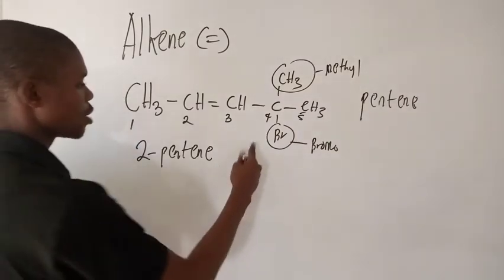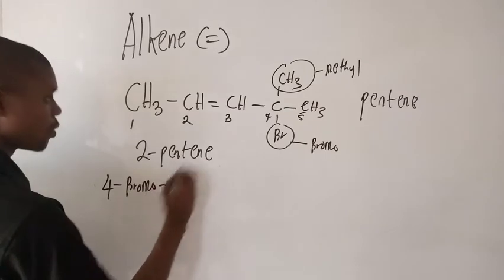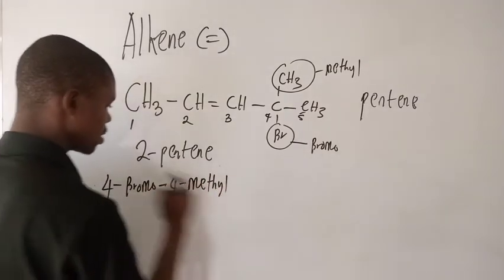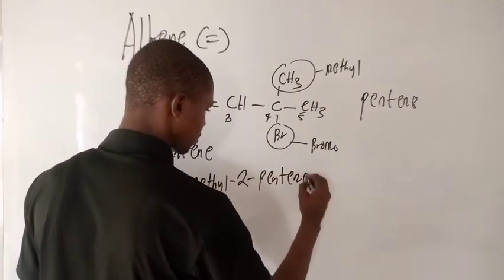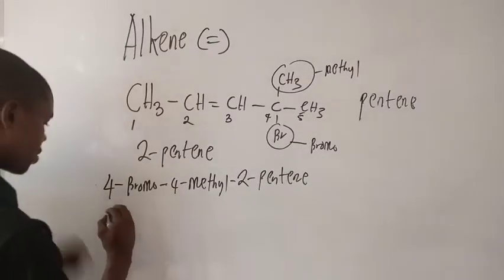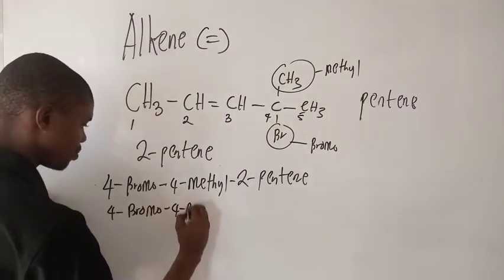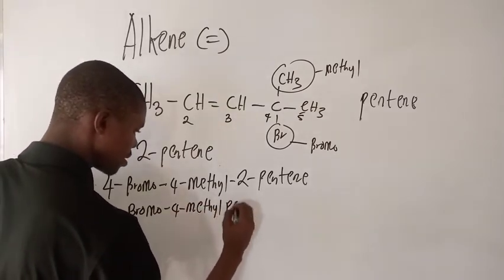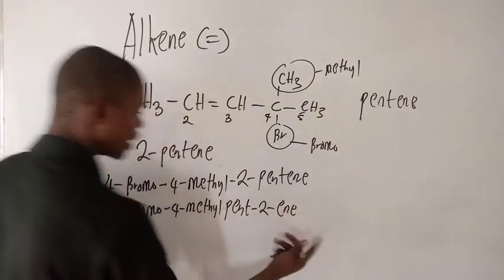So it's going to be 4-bromo, 4-methyl, 2-pentene. Let me name it as 4-bromo-4-methylpent-2-ene. Am I correct?